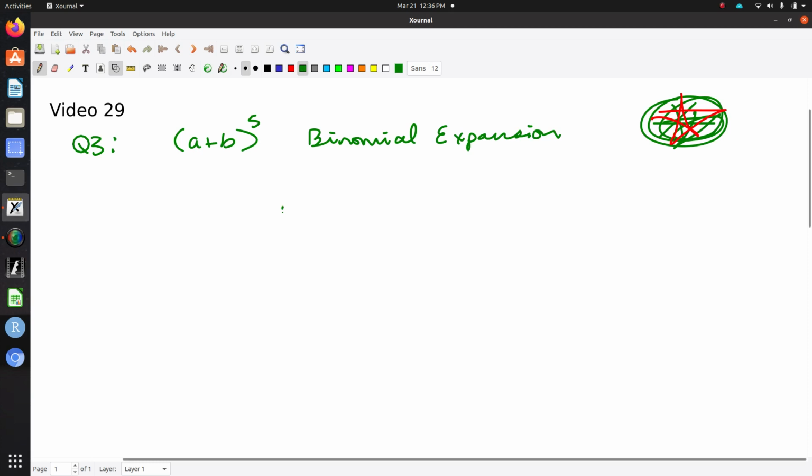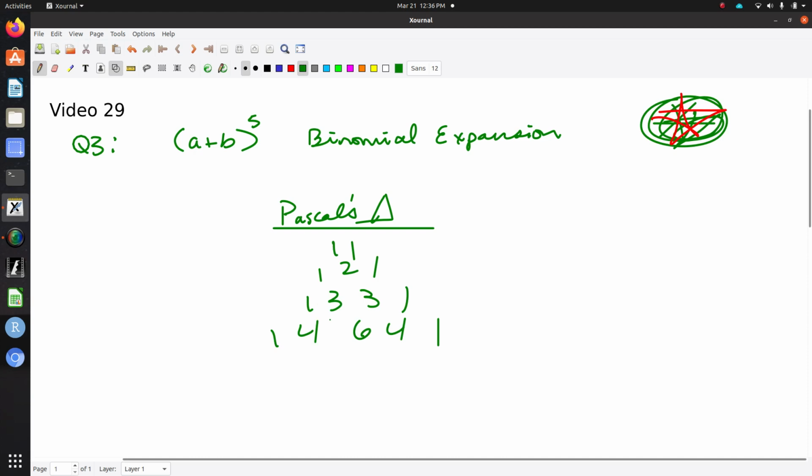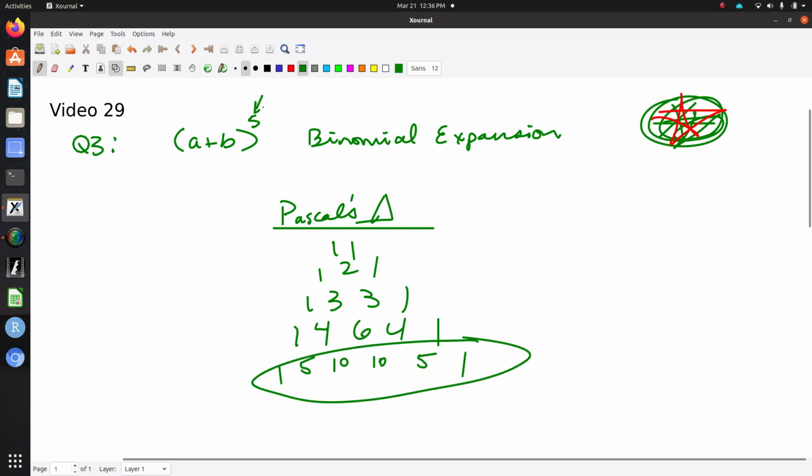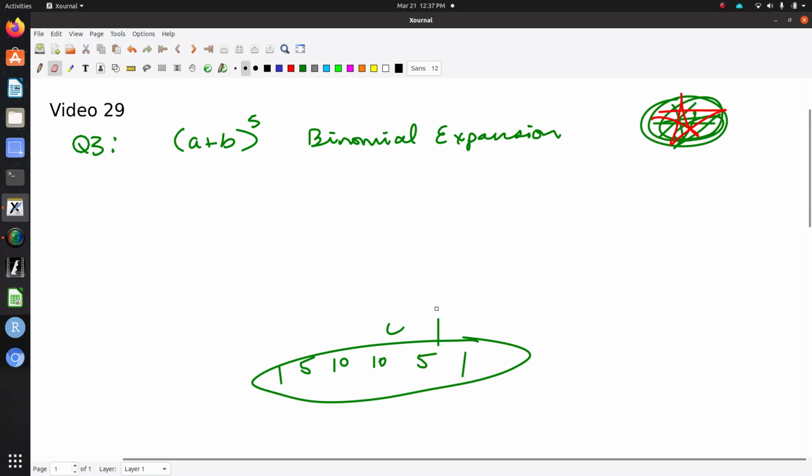Okay, you have to start with Pascal's triangle, and you have to sort of figure out what the coefficients should be. If you have not seen Pascal's triangle, ask me or Google it, but I'm not going to repeat it because I think most of you should know it. And since my exponent is 5, I have to take the 5th row of Pascal's triangle in order to do this expansion.